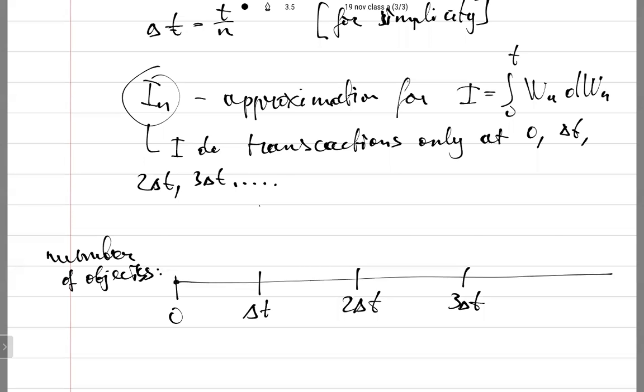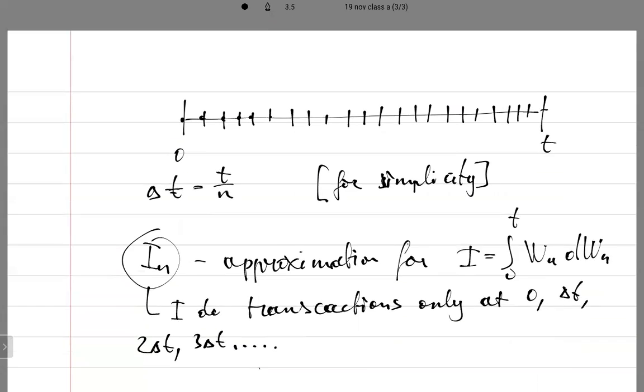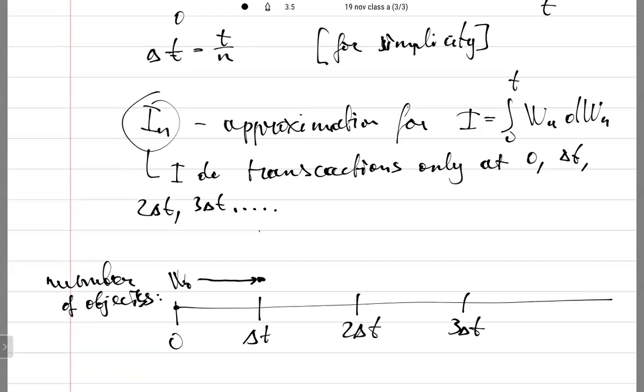At this moment of time, I should have W_0 objects. At the next moment, according to my original integral, I should have W_{t/n} objects. It may jump, it may be lower or bigger, maybe W_{t/n} is positive, maybe it's negative because it's the Wiener process.